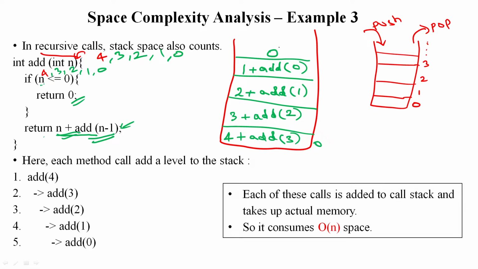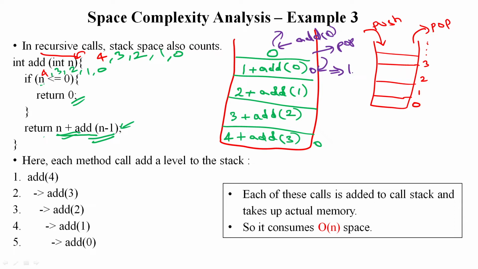This value is for add of 0. Now you substitute this value by popping up. So this will be popped up, then it will be substituted here, 0 will be substituted here, so 1 plus 0 will become 1.